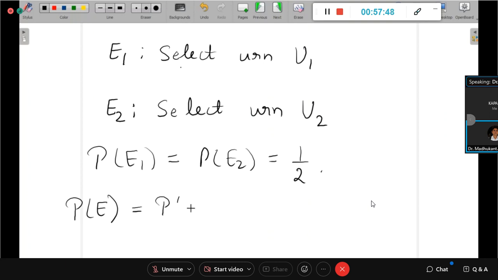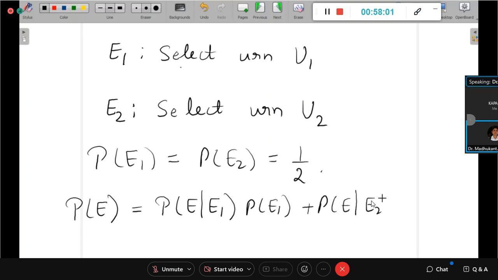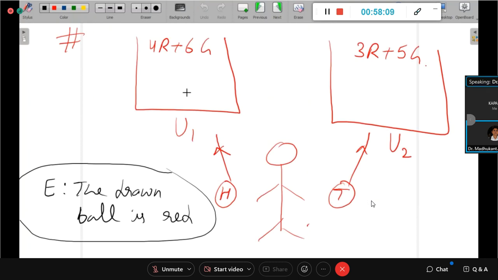So what the theorem of total probability says is that the probability of the drawn ball being red is going to be probability of E given E1 into probability of E1, selecting U1, plus probability of E given E2 into probability of E2, selecting U2, because you may go with any case.